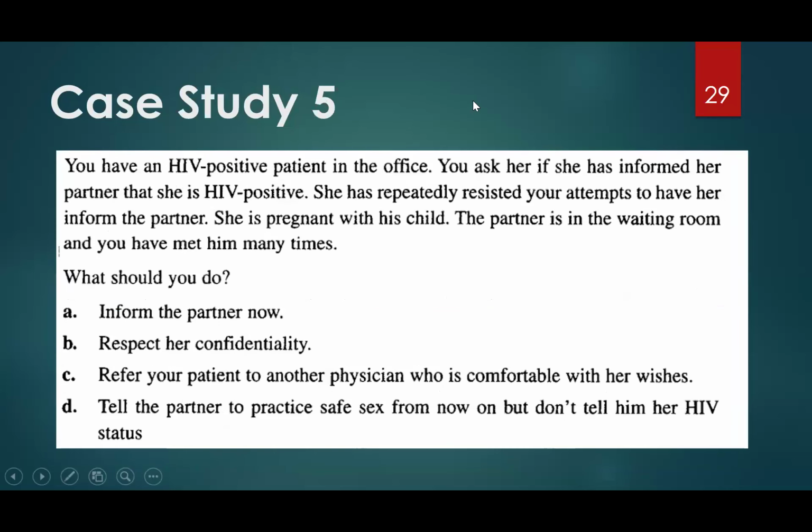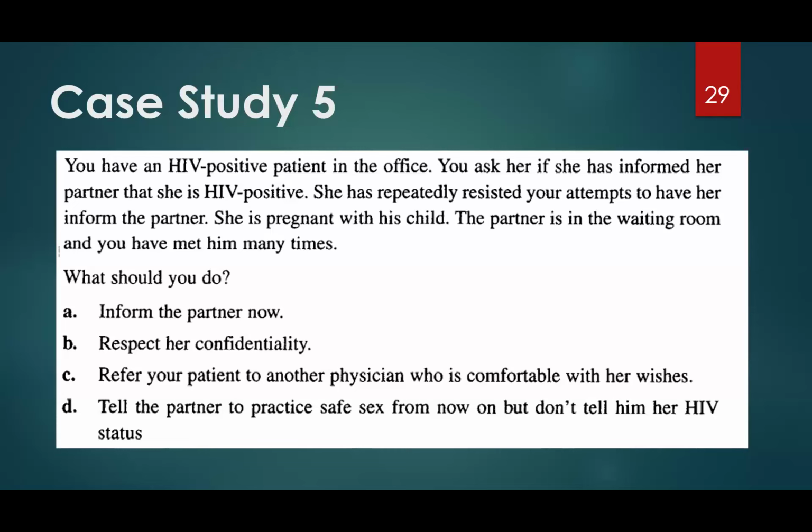The fifth case. You have an HIV positive patient in the office. You ask her if she has informed her partner that she is HIV positive. She has repeatedly resisted your attempts to have her inform the partner. She is pregnant with his child. The partner is in the waiting room and you have met him many times.